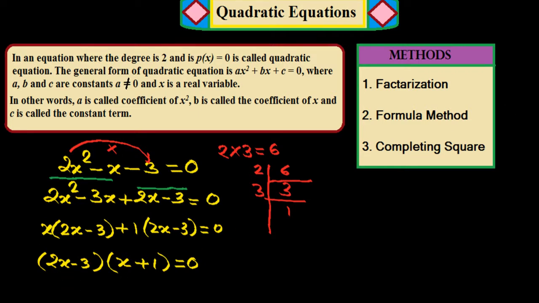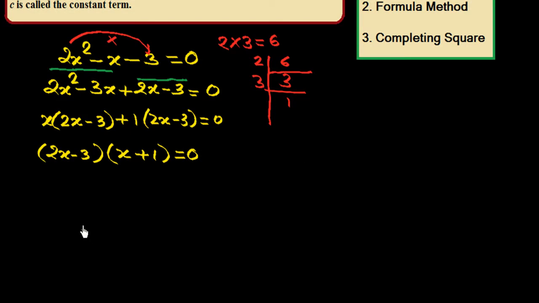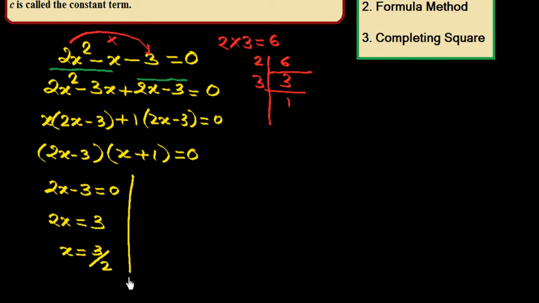Now we have to find the roots. So what we have to do? We equate each factor to 0. 2x minus 3 is equal to 0, so 2x is equal to 3 and x is equal to 3 over 2. This is our first root. For the second root, x plus 1 is equal to 0 and x is equal to minus 1.